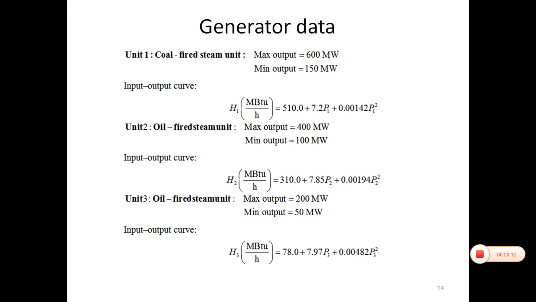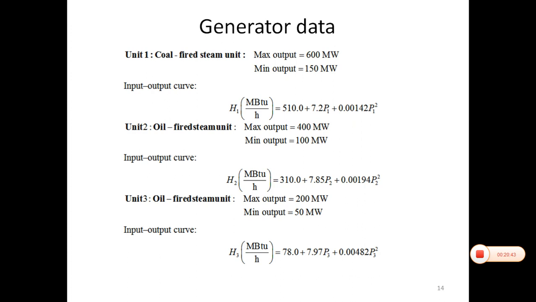plus 0.00194 P2 square. And unit 3 is again an oil-fired steam unit, which will operate between a maximum output of 200 megawatt and a minimum output of 50 megawatt, and its input output curve is represented by H3 equals 78 plus 7.97 P3 plus 0.00482 P3 square.